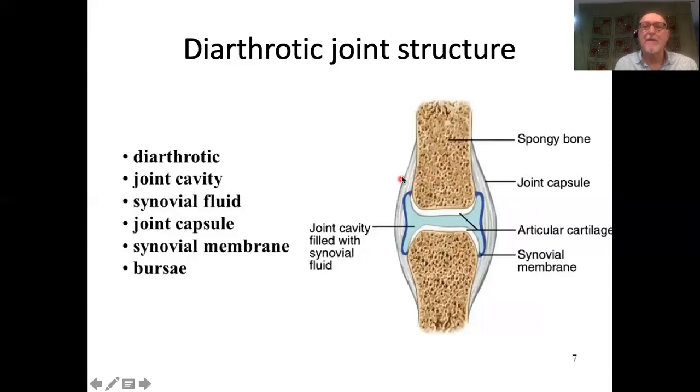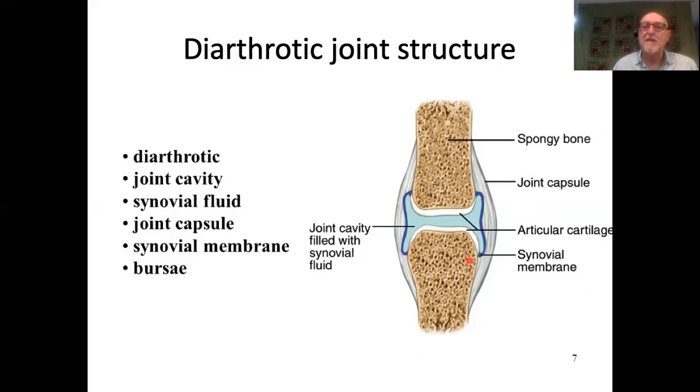And I'll explain that. I'll remind you, when we talked about tissues and membranes, you remember we talked about a synovial membrane. Now, a synovial membrane is a double membrane. And it secretes fluid. So that is what gives this joint its name. And here's the synovial membrane here.